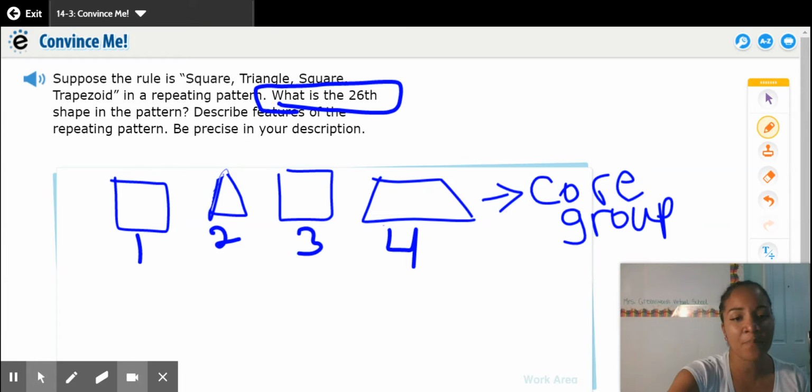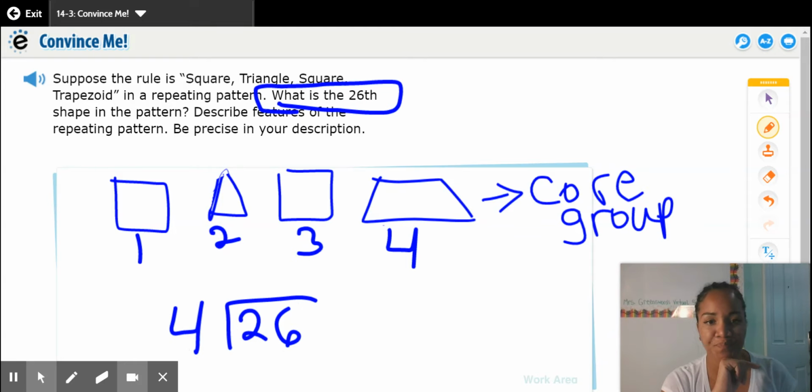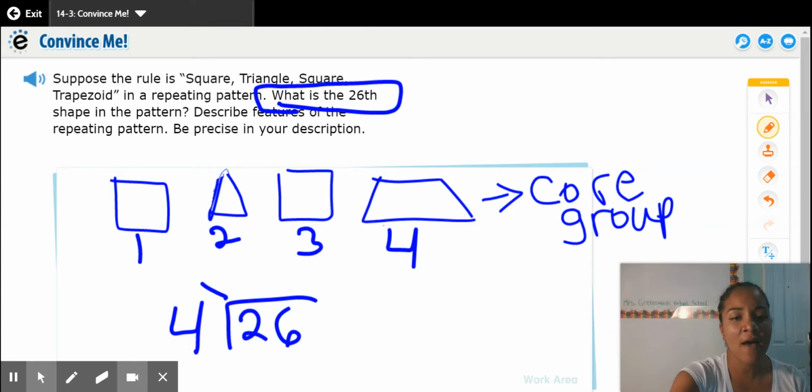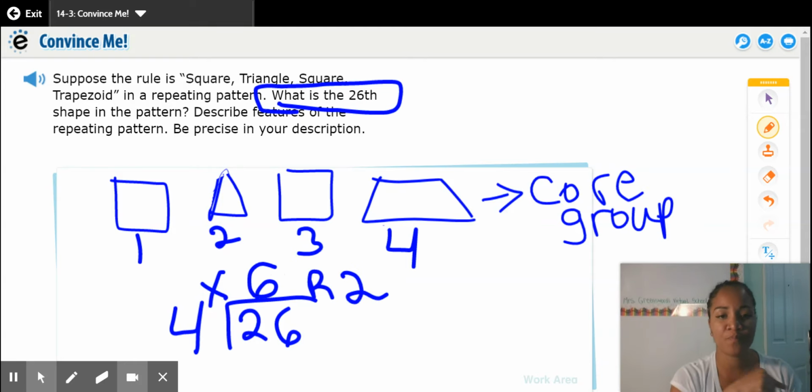So we can say 26 divided by our core group, 4. And I know that 4 times 6 gives me 24, and there's 2 left over. What this tells me is that my core shape gets repeated 6 times evenly.